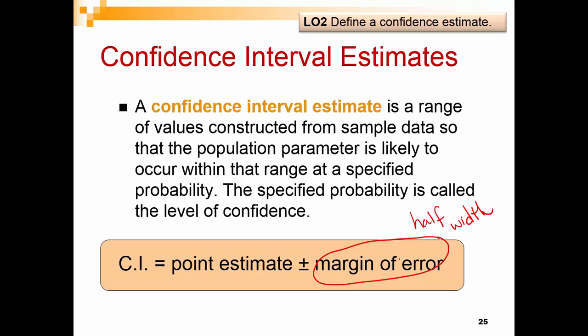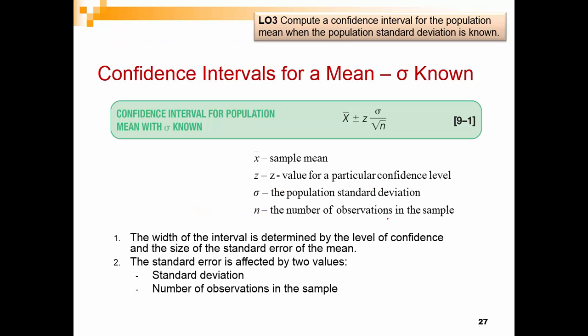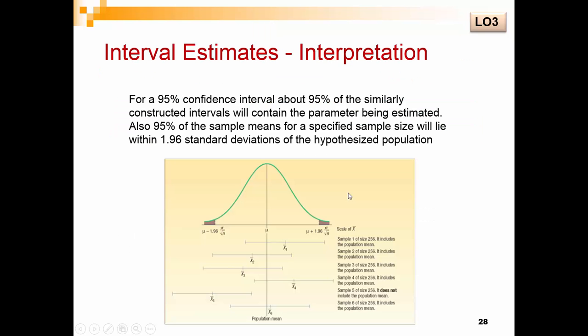You must know these terms. So here's the formula again. You'll have this formula on your formula sheet, but they will not break down the variables in the formula. So we take the sample mean, and then we add and subtract the critical value of z times the standard error.